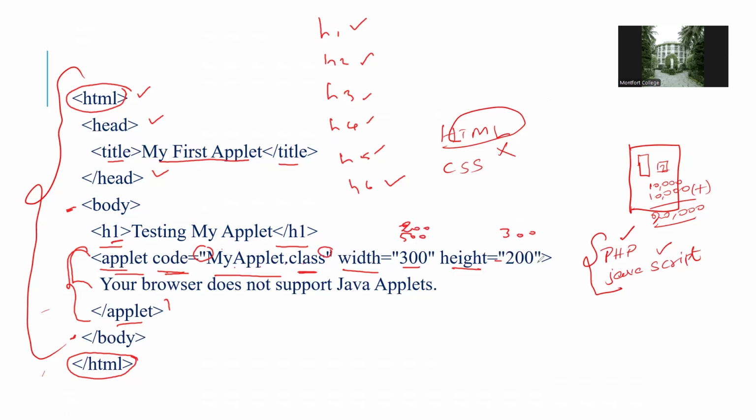Okay, it should be enclosed with double quotes. Okay, so again I'm repeating, applet tag we have to close here. Applet tag will be having three attributes: code, width, height. Okay, so this is completely HTML tag only. So no need to mug up this one. It is very simple to keep in your mind. It's very easy. Okay. All right.